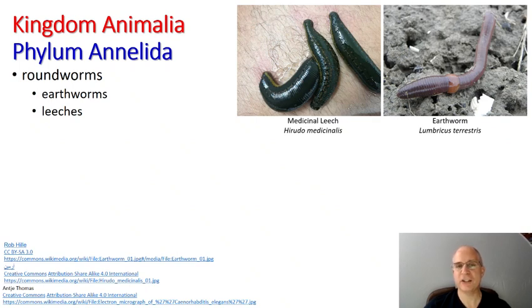The medicinal leech here that you see, Hirudo medicinalis, was used historically when we were bleeding people, when they thought that there was a problem with the blood. Believe it or not, medicinal leeches are used today. If somebody has, for instance, an amputation and they are trying to reattach the limb, some of the very small blood vessels just are too small to be reattached, and as a result, blood would pool up in the limb.